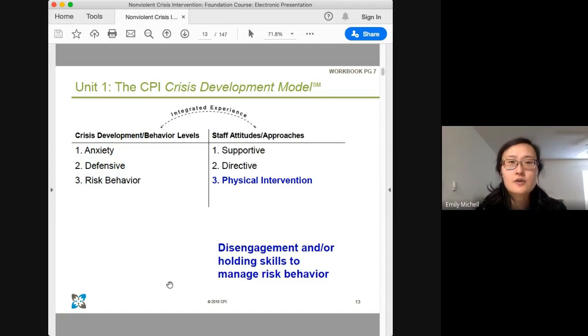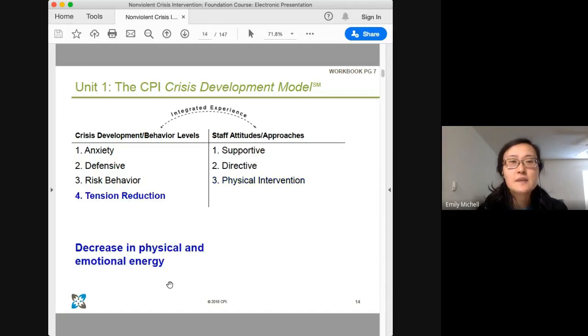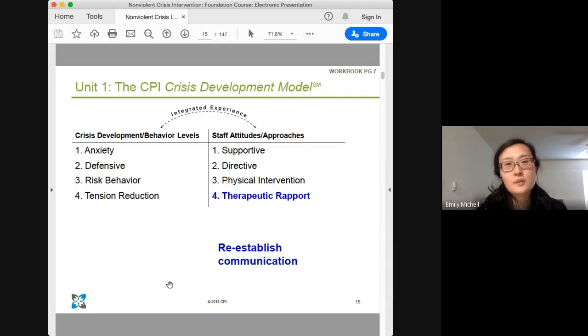And they are going to manage that risk behavior, whether it's through disengagement skills or through holding skills. We're going to document as needed. Once that risk behavior is completed, they will move on to that tension reduction, which is a decrease in physical and emotional energy. And then at that time, staff are going to respond with therapeutic rapport, which is reestablished communication.